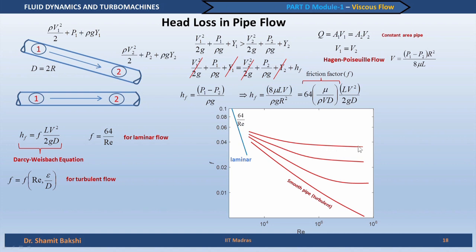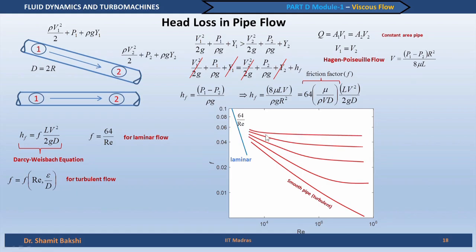This means that in this region of the flow now the friction factor is almost independent of Reynolds number. See, Reynolds number is changing, but the friction factor remains constant. So, it does not depend on Reynolds number for a turbulent flow in a rough pipe.